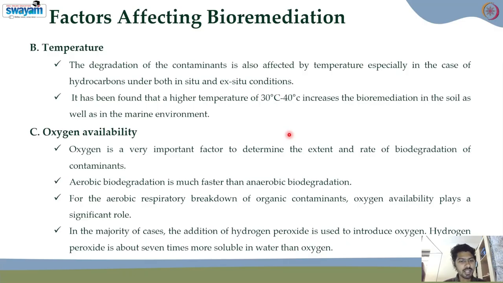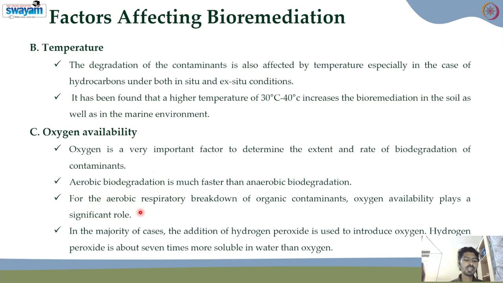From the earlier lectures, we understand that aerobic biodegradation is much faster than anaerobic biodegradation. Why is it so? Because here oxygen is used as an electron acceptor, and this yields higher energy in oxidizing the organic compound.